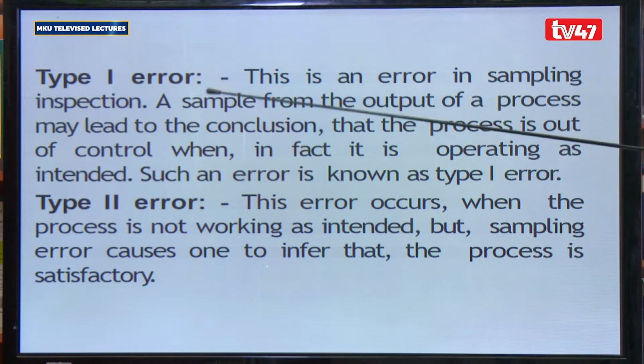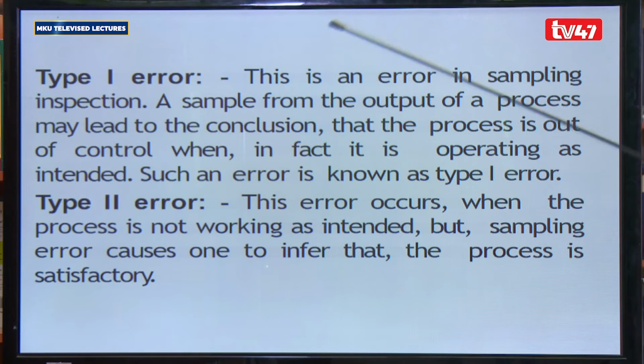And when we talk of type 1 error, this is an error in sampling inspection that may lead to the conclusion that the process is out of control, whereas the fact is that the process is operating as intended.